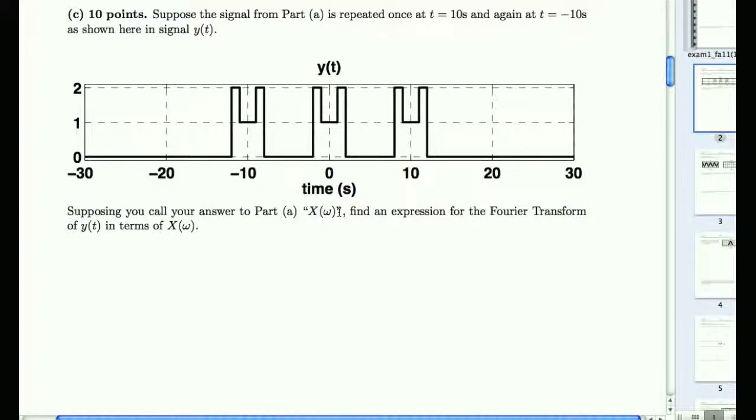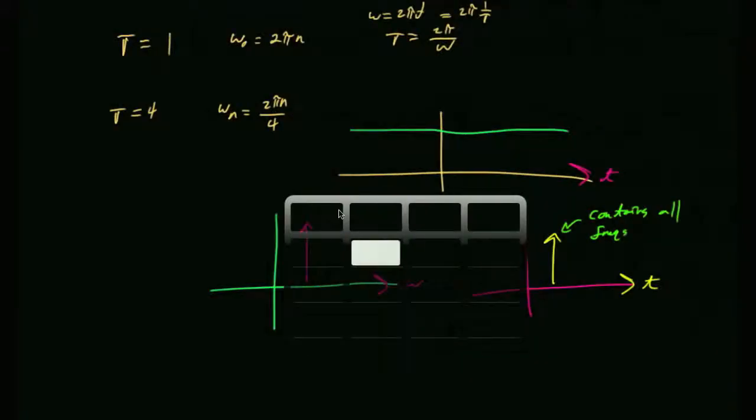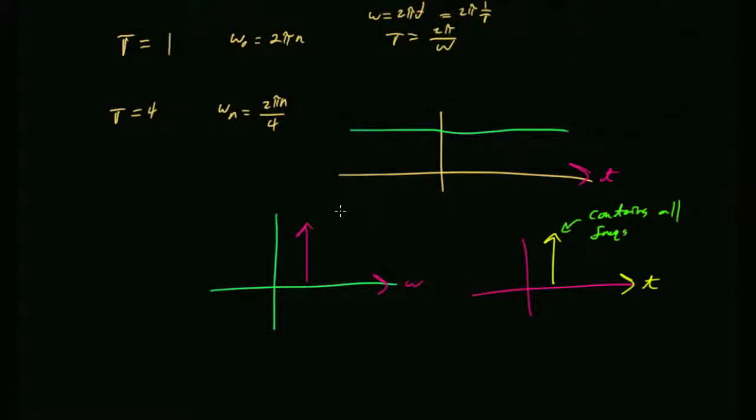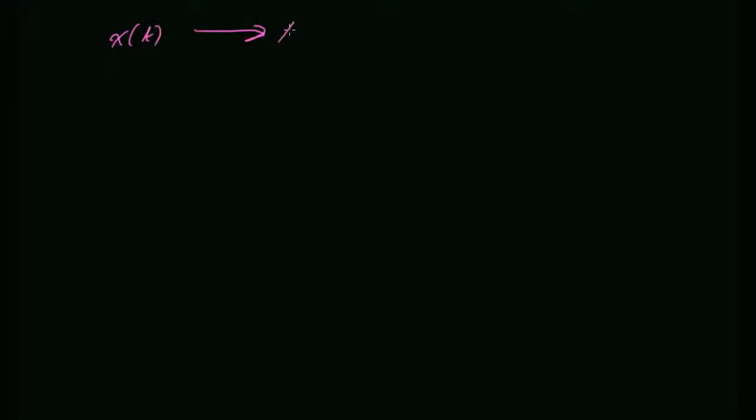There's a property that I think we may have discussed briefly, and we're going to spend a little more time on it, probably a week from today. Suppose you have x of t, and it has a Fourier transform A of omega.